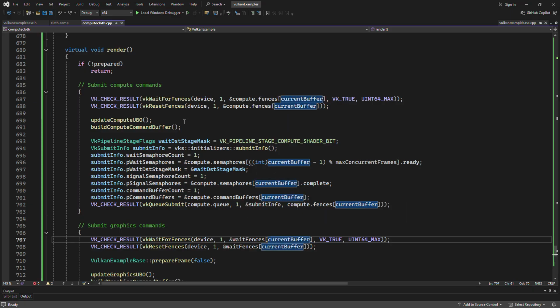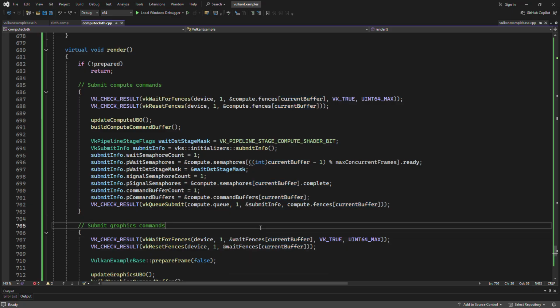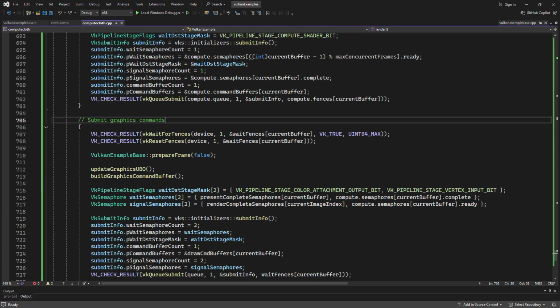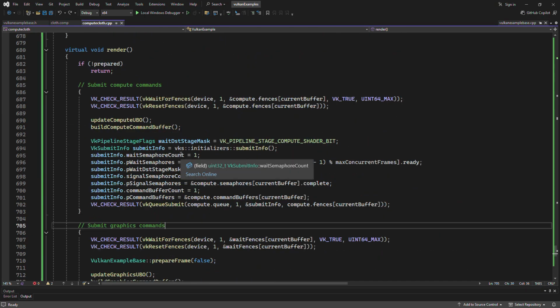So a compute commands submission for, say, frame 5 and a graphics command submission for, say, frame 5. I'm going to assume that once those commands are in the GPU, and we're dealing with two processes on the GPU side with semaphores, the GPU is going to adhere to the rules of the semaphores, right?